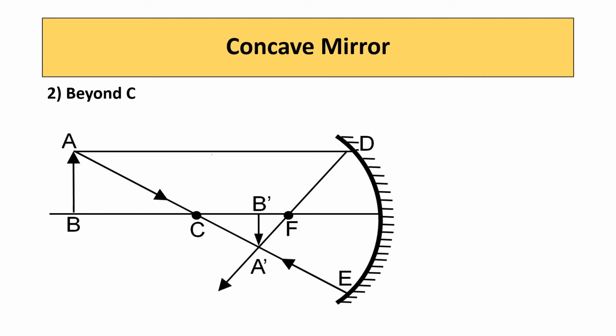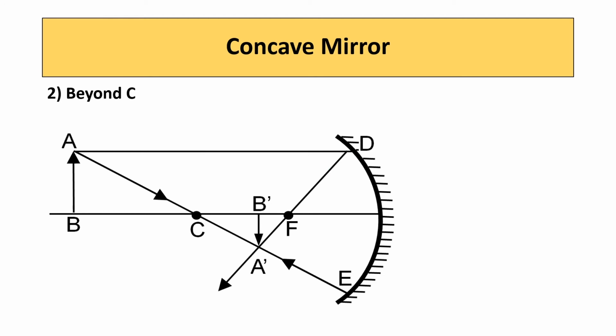The incident ray AD, that is ray 1, strikes at this point and it gets reflected and passes through the focus as per rule 1, because this ray is parallel to this principal axis. It should pass through the focus.